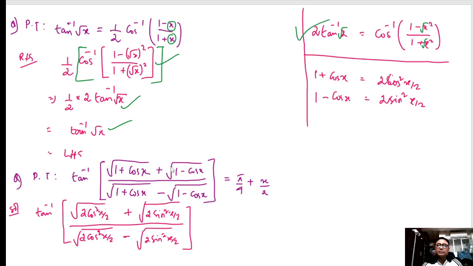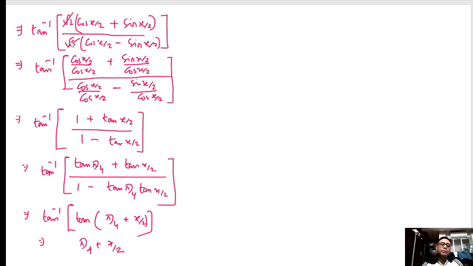Now let us use this. Root over 1 plus cos x is this formula, and root over 1 minus cos x is this formula. Using it, we are getting this. Okay, so let's move from here. If I take root 2 common, root 2 is cut off.